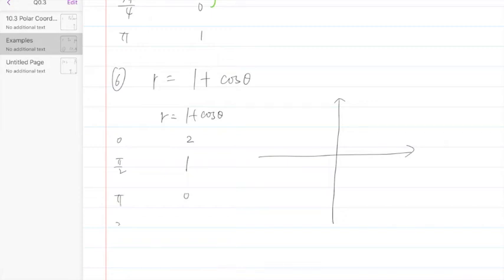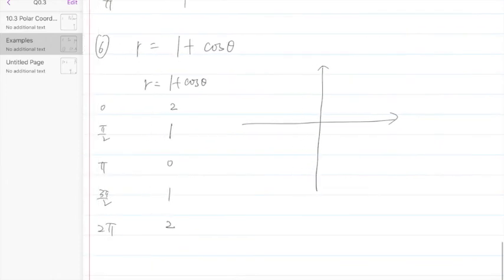When you have pi, you have -1 for cosine theta, so your r equals 0. And when you have 3 pi over 2, you have 1 again. And when you have 2 pi, you have cosine 0, you have 2 again. So first, when theta is 0, you actually have 2. So this is 2.